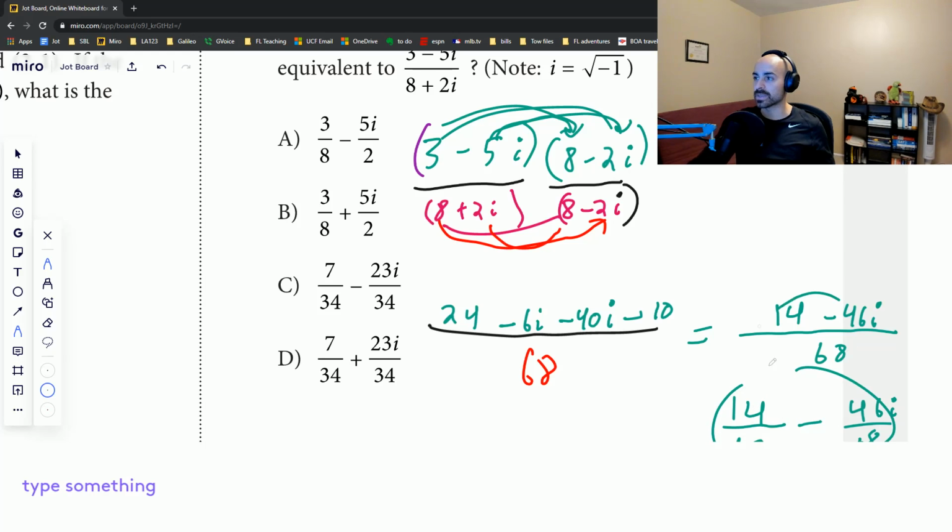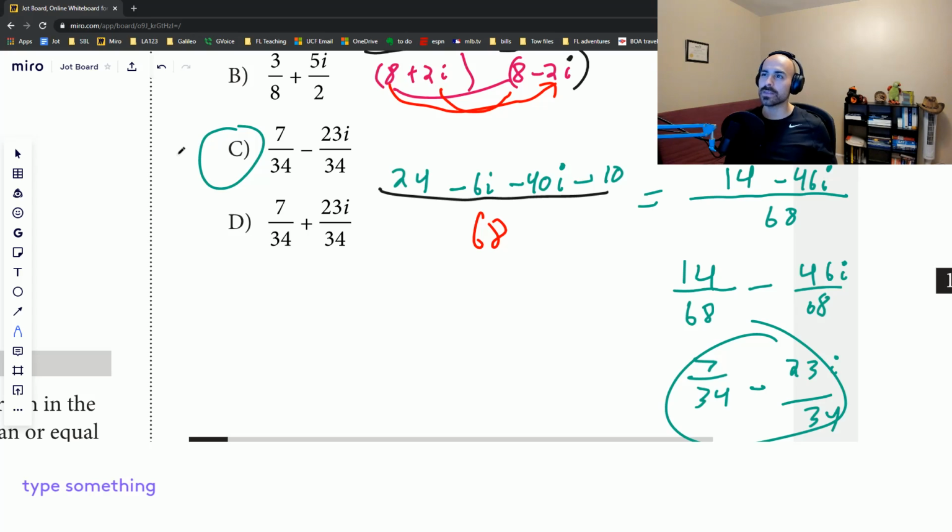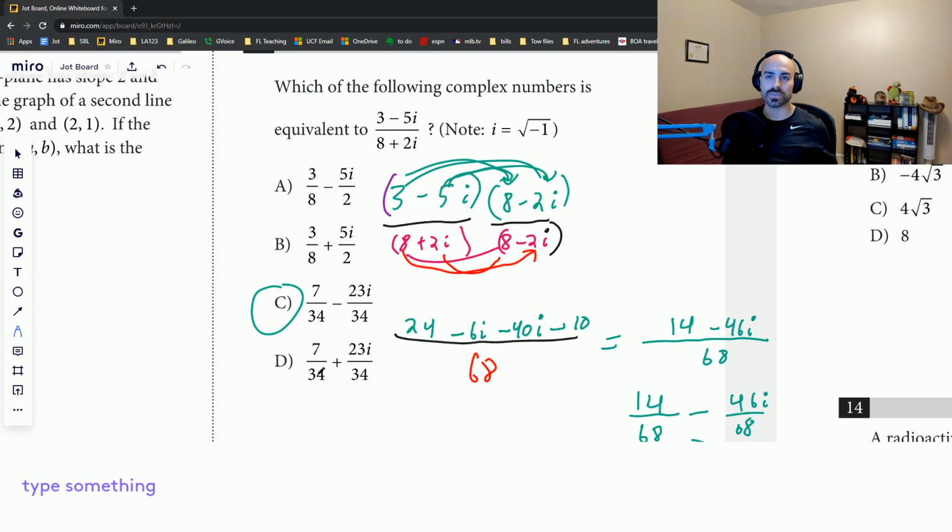And this is the same thing as that. And we realize that once we simplify these by dividing everything by 2, we end up with answer C, which is 7 over 34 minus 23i over 34.